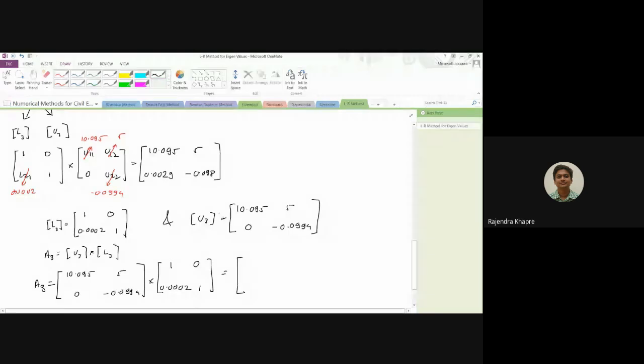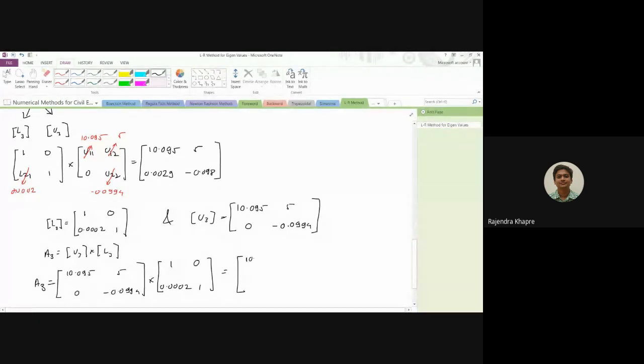Just a moment. This is 10.096, 5, 19, so I'm making this 2, and lastly 99. I'm sure you are getting answers which are close to this one.